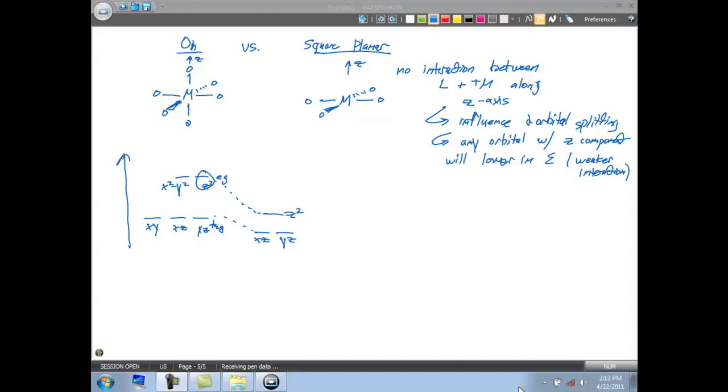And they're going to find an equilibrium where it's going to get the optimal bond length to lower the overall energy. In a square planar complex, the metal and the ligand have to have the same bond length, but we only have to deal with, if I'm a ligand, myself and 3 others. So what happens is we typically observe different types of bond lengths in each of these complexes, and as a result, anything with an x and a y component gets shoved up in energy a little bit.